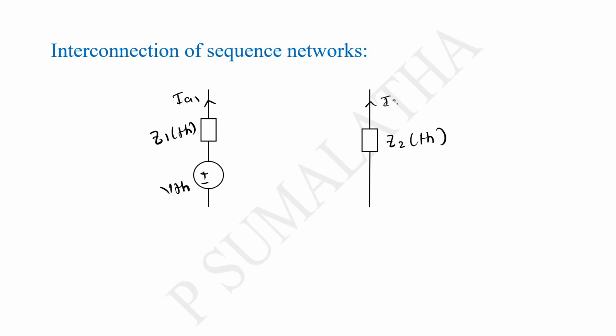This is the negative sequence current Ia2. Now what we know is that the voltage across the positive sequence network is Va1 and the voltage across the negative sequence network is Va2. Just now we got the relation that Va1 is equal to Va2 plus Ia1 into Zf. So that means between these two networks we are going to connect the fault impedance.